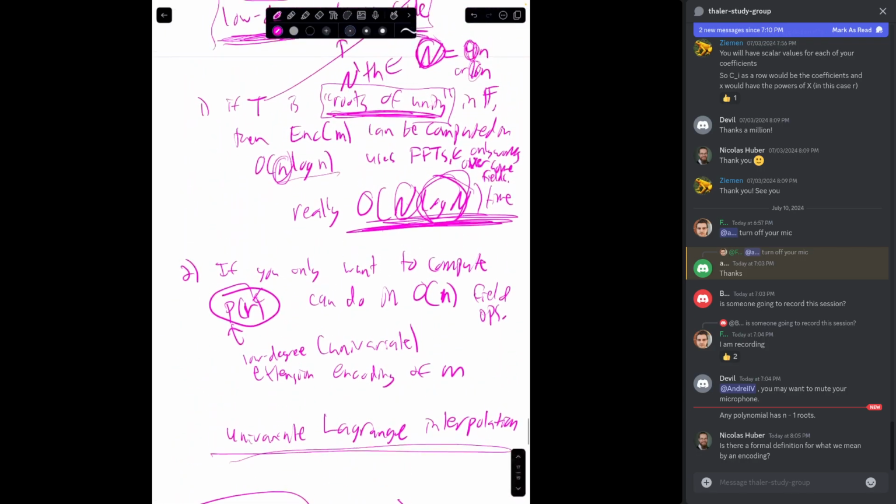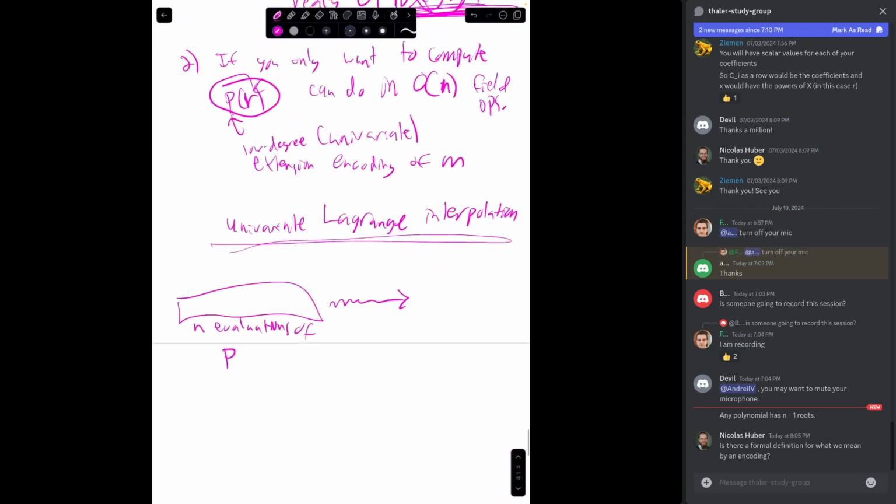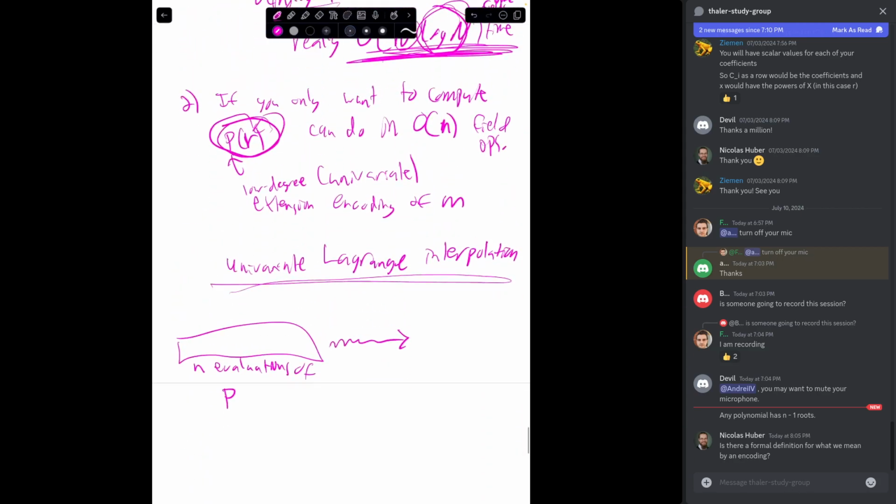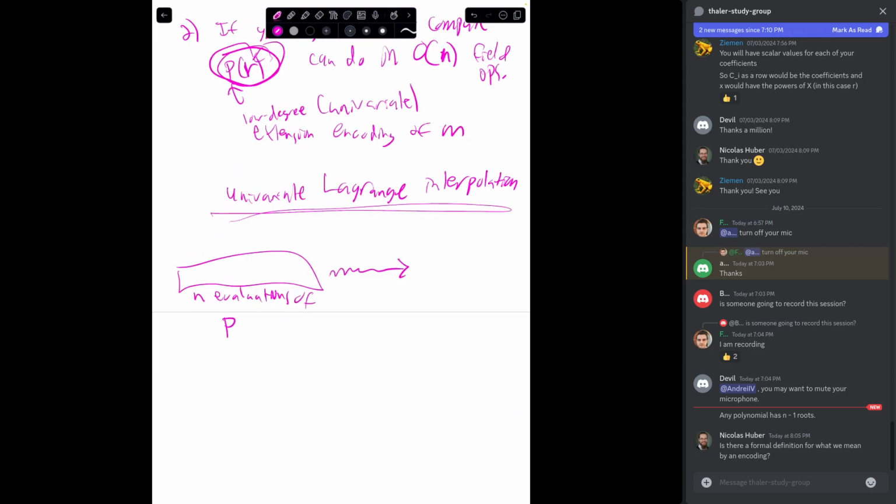Roots of unity only come up when you need the entire Reed-Solomon encoding, not a single entry of the Reed-Solomon encoding. So if I give you n evaluations of a univariate polynomial P, and you just want to know P of r for a single input r, you can compute that in linear time. And again, it's called univariate Lagrange interpolation. And that's what I'll start next time by discussing.